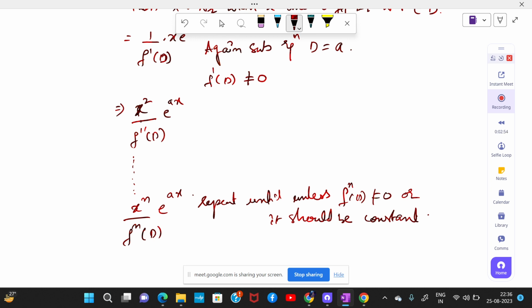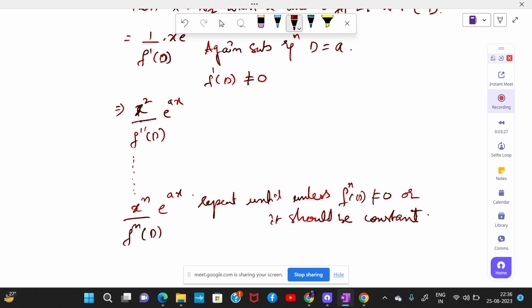Constant differentiation: can we do differentiation to a constant? It will be 0. If we go for integration of a constant, we get that term with the variable.